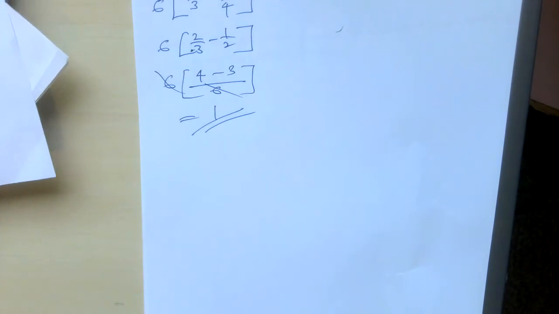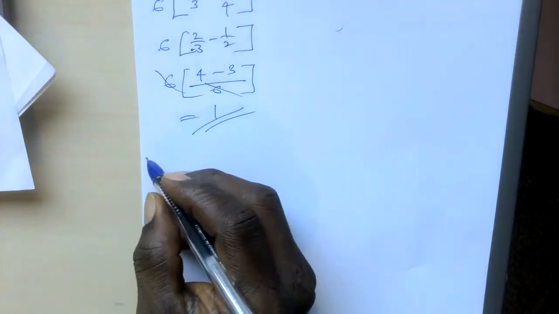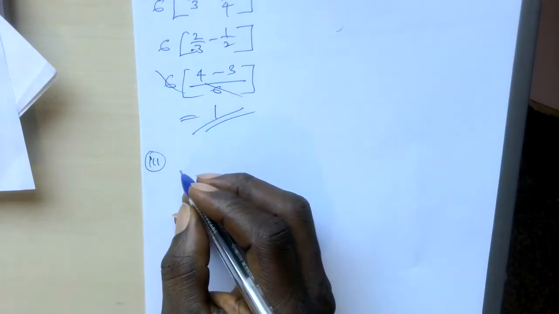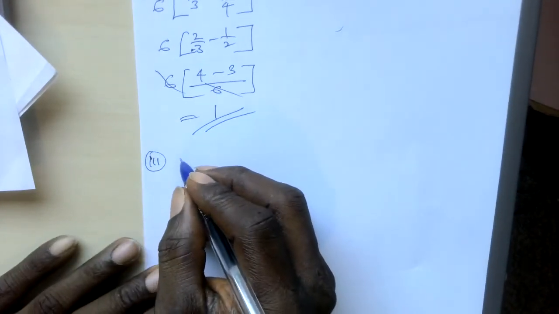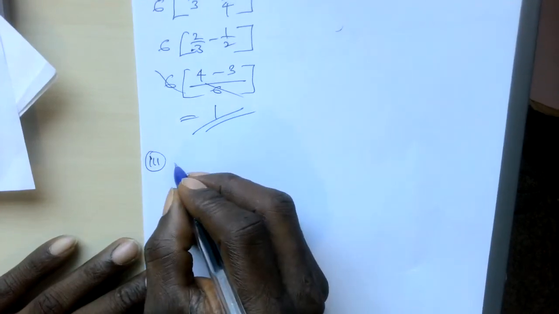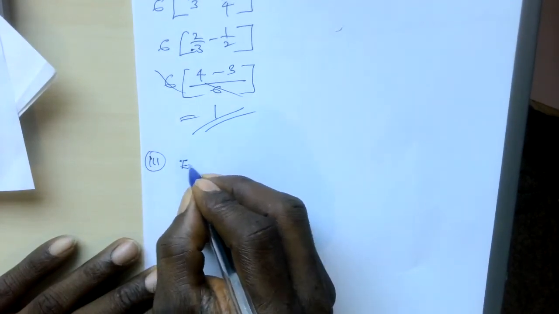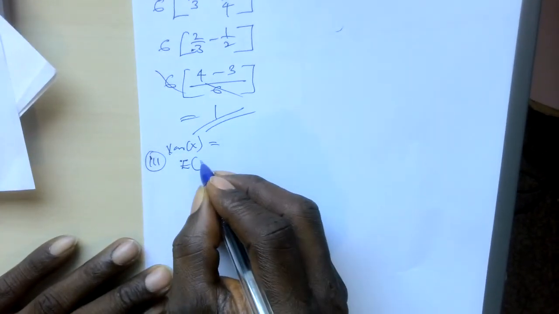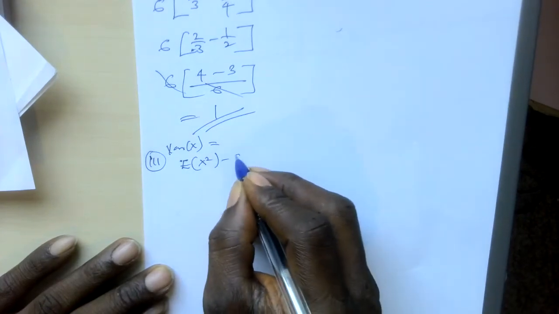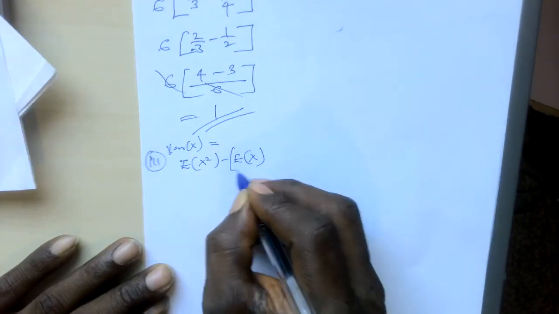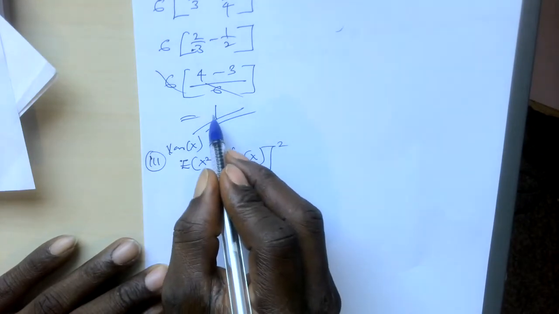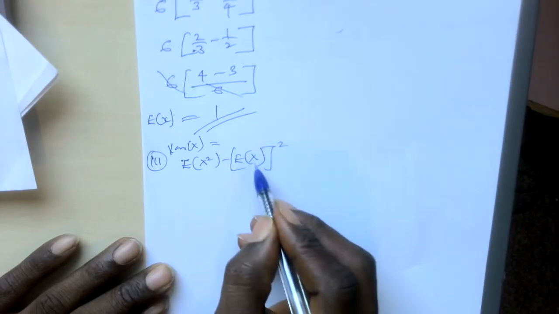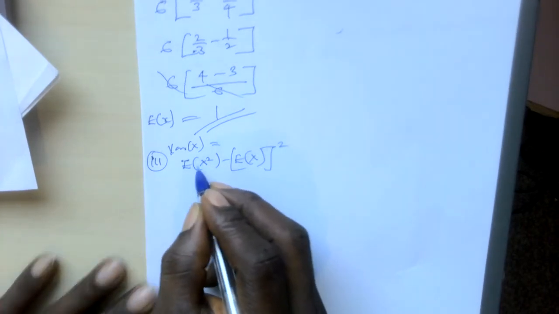You can always use any method. So now let's go to the variance. The variance here is the expected value of x minus the expected value of x, squared. This expected value of x just means 1 squared, right? But let's deal with this first.